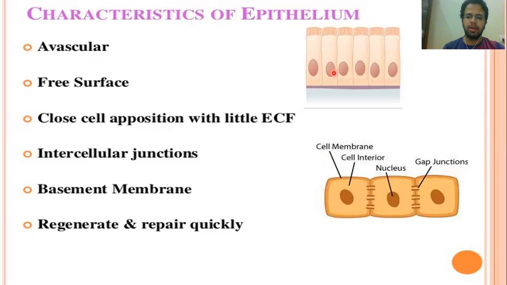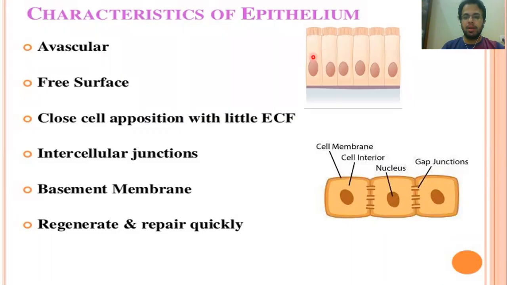If these characteristics are present in any cells, you can characterize them as the epithelial cells. For example, these are the cells and these are the epithelial cells. Now, what are the characteristics of the epithelial cells?